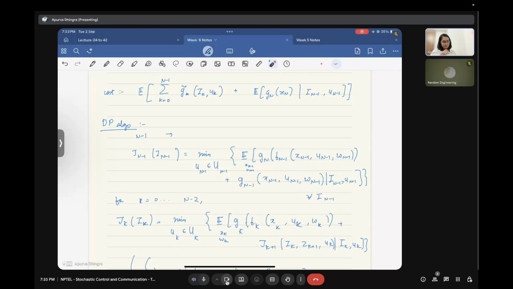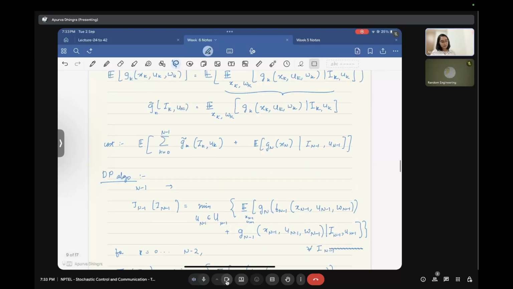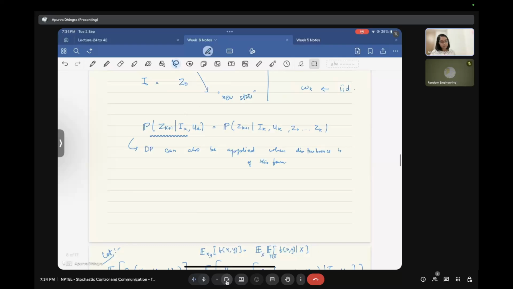This is the core DP algorithm, just written in the current framework, using this conditional component. The conditional component is coming because of the way our randomness is. Our randomness is conditionally Markov, so that conditionality needs to come up.